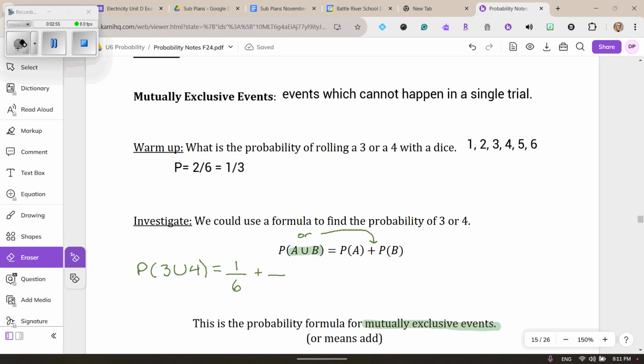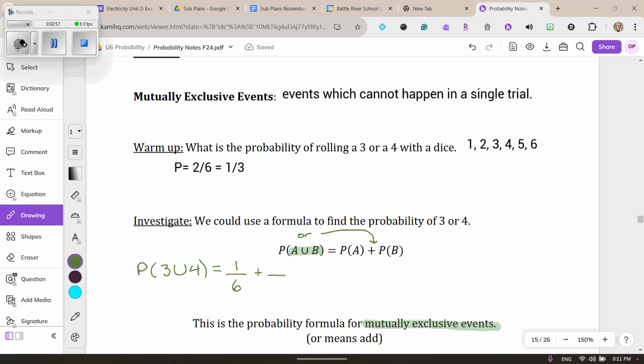So 1 out of 6 plus 1 out of 6 gives us that same answer of 1 out of 3. Today we're going to spend some time using that formula and also look at what happens if the events are not mutually exclusive. Remember, mutually exclusive means that they cannot happen in a single trial and that they're not related to each other.